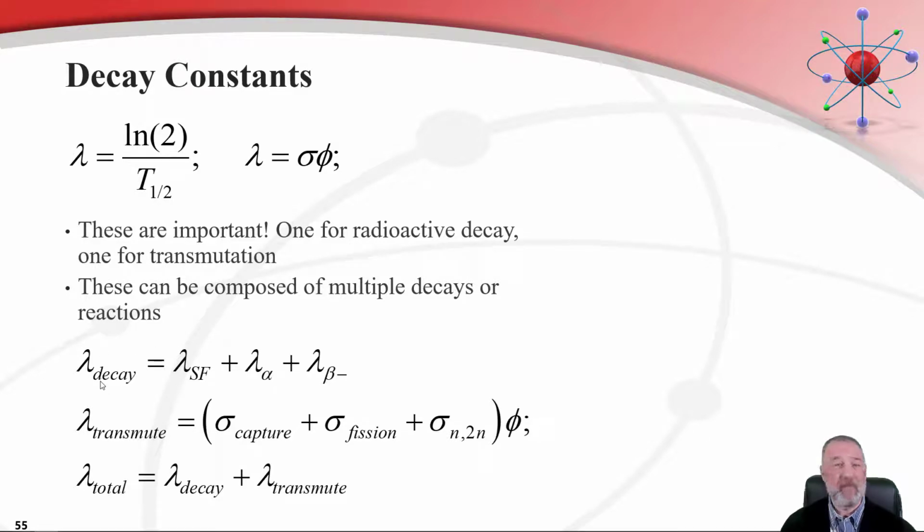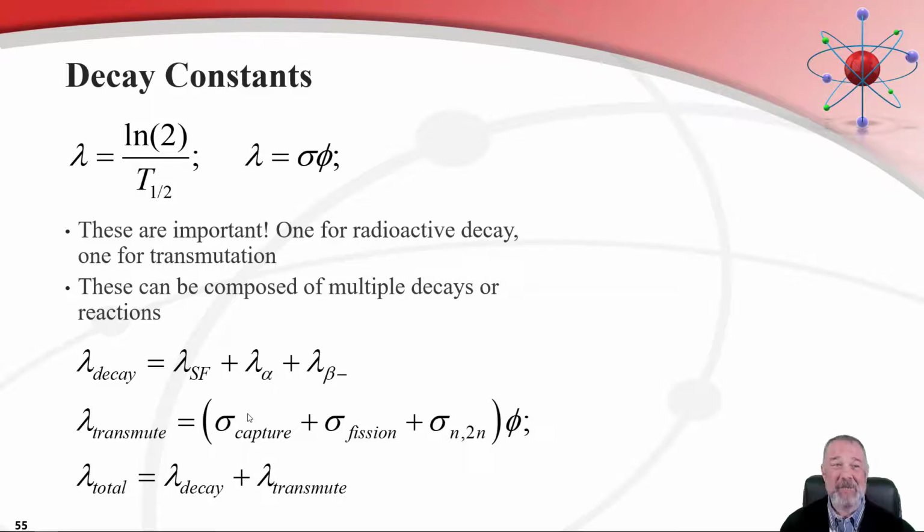So for our overall decay constant, we're looking at the constant for, or probability of, spontaneous fission, plus emitting an alpha particle and decaying, plus emitting a beta particle and decaying. Our production constant, which is the transmutation constant here, takes into account the probability that it's going to capture a neutron and turn into something else, or capture a neutron and fission, or capture a neutron and spit 2 more neutrons out.